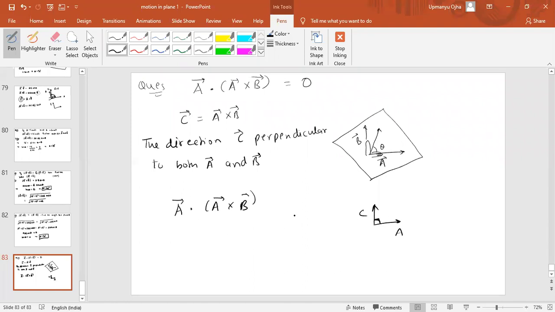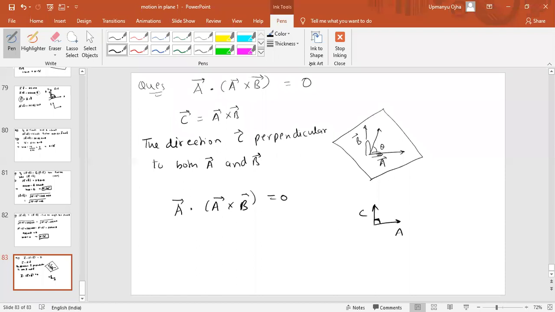So if angle is 90 degree, then value will come 0, because A dot B is AB cos theta, and cos 90 is 0. By logic, you can say that A cross B direction is upward, perpendicular to the plane. So dot product of A cross B into A will be 0, because A and C are perpendicular to each other.